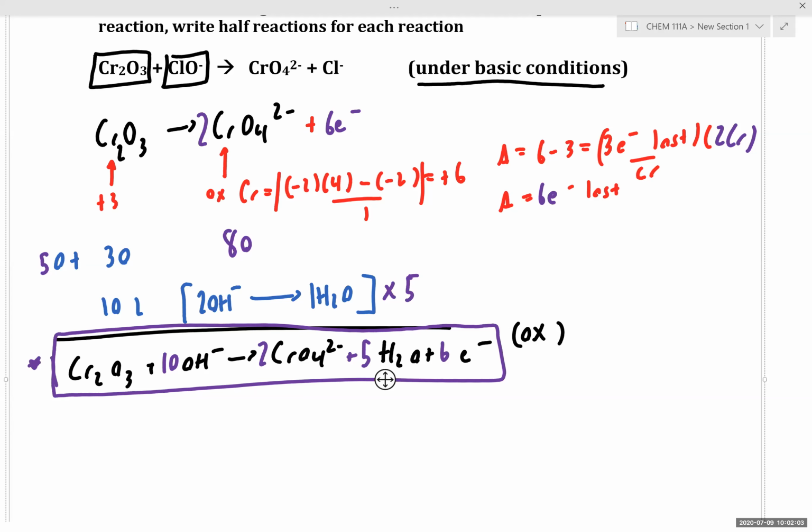And we'll discuss this example in about another 1 to 2 minutes.